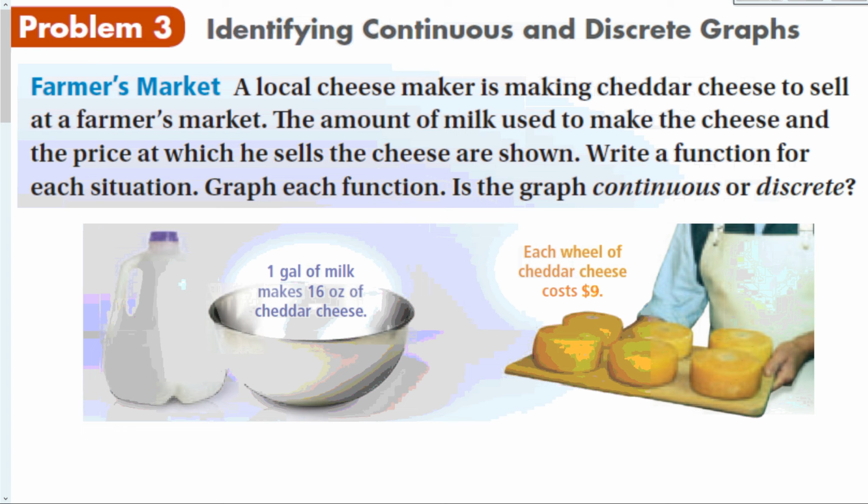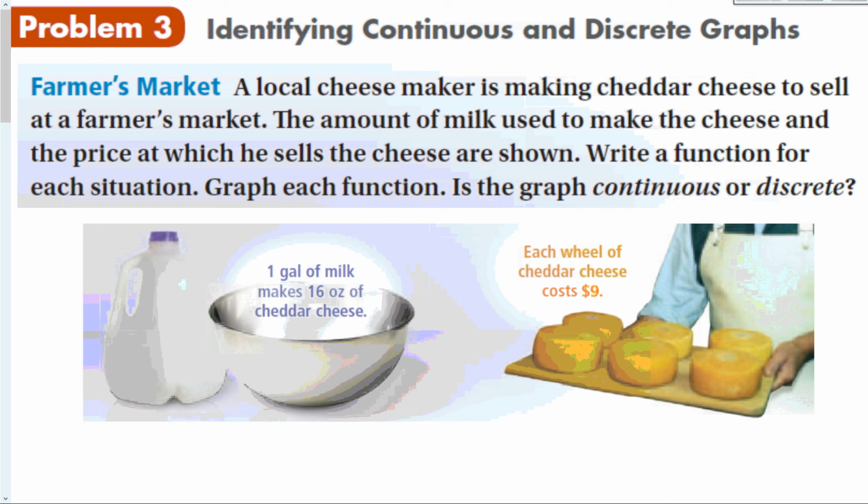So with this question, problem 3, we're going to identify the difference between a continuous and a discrete graph. A local cheesemaker is making cheddar cheese to sell at a farmer's market. The amount of milk used to make the cheese and the price at which he sells the cheese are shown.